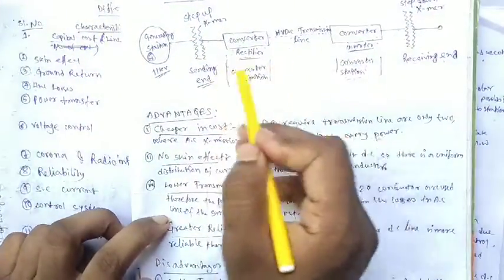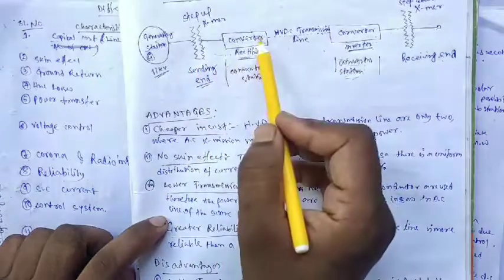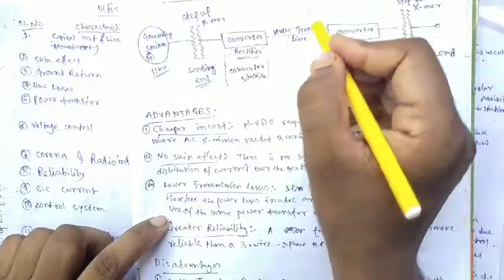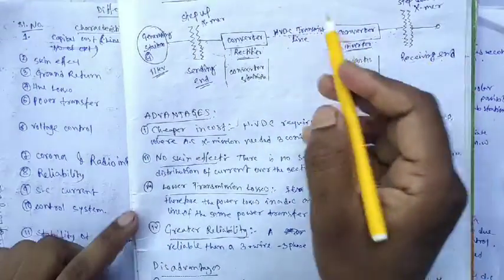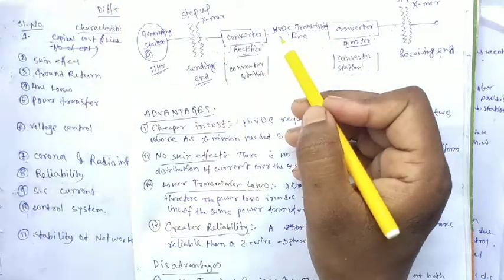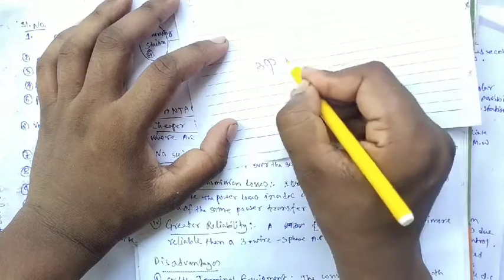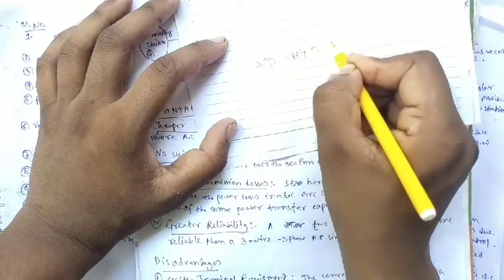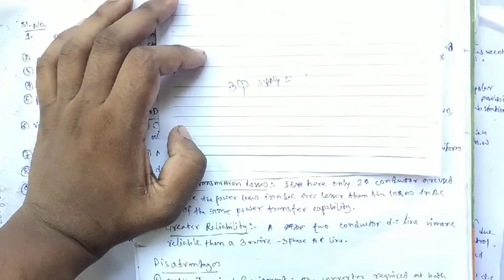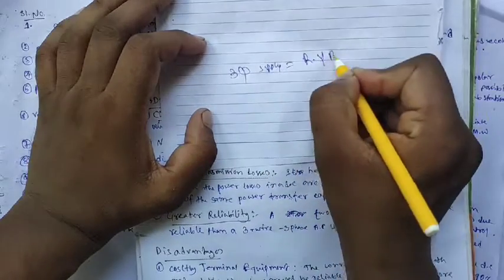This is the DC transmission line. We see that only one line is needed. In an AC system, the three-phase supply needs a three-phase R, Y, B line.